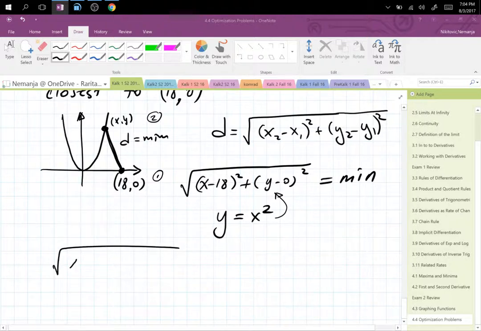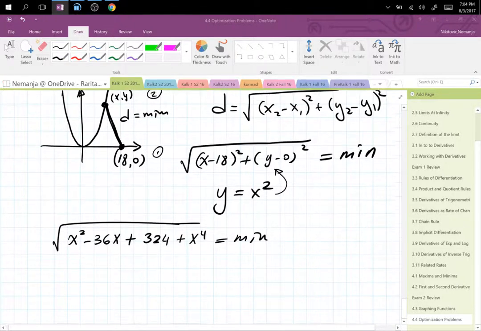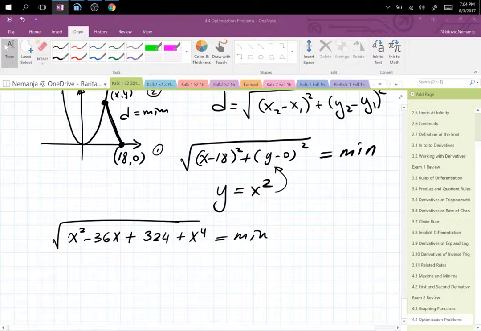So we're getting x squared minus 36x plus, what was 18 times 18, 324, and then plus x to the 4th, because you plug in x squared for y and then you square it, equals a minimum. You see how this equation over here has only x's, and you can immediately hit this with a derivative, and you got your x.